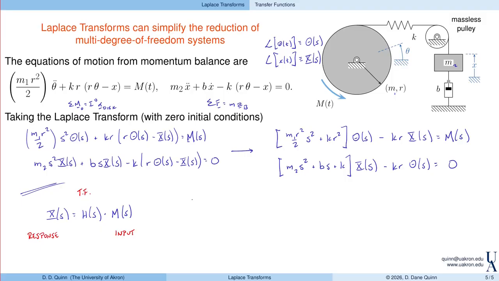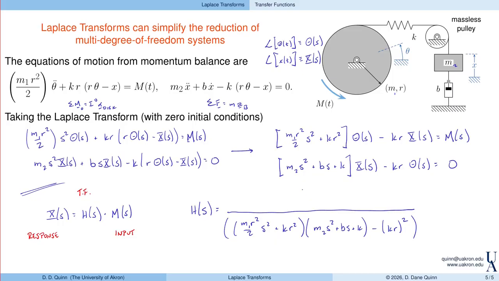If I go through the algebra, and I'm not going to do that here, but I'll just give you the results, we find that H of s, the transfer function, ends up taking the following form. In the denominator, we have m1 r squared over 2 s squared plus k r squared, times m2 s squared plus b times s plus k, minus k r squared, and that is the denominator, with the numerator equal to k times r.